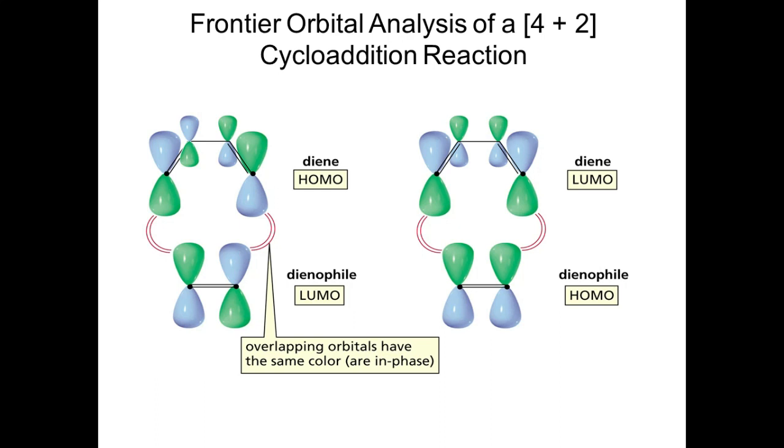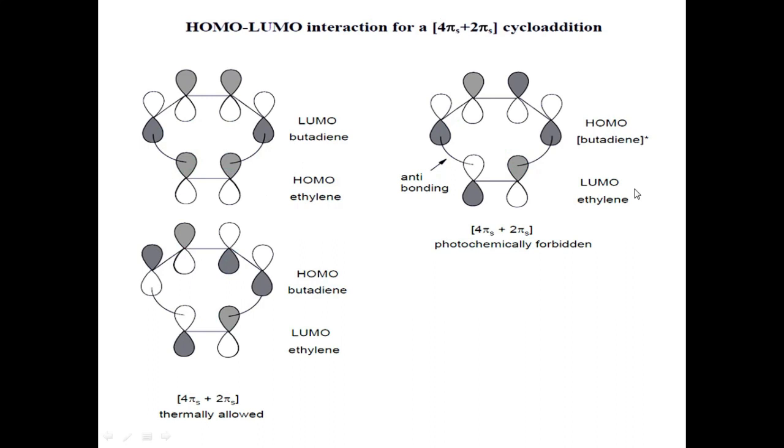And the frontier orbital of the 4 plus 2 cycloaddition reaction: you see the diene and dienophile LUMO, so the overlapping orbitals have the same color or the same phase. So this is for the HOMO of the dienophile and the LUMO of the diene, right? Here it's a HOMO-LUMO interaction of the 4s and 2s cycloadditions.